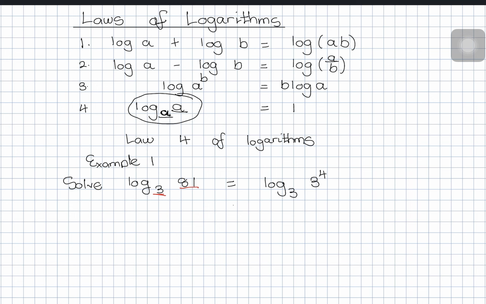Remember law 3. We want to apply law 3 over here.